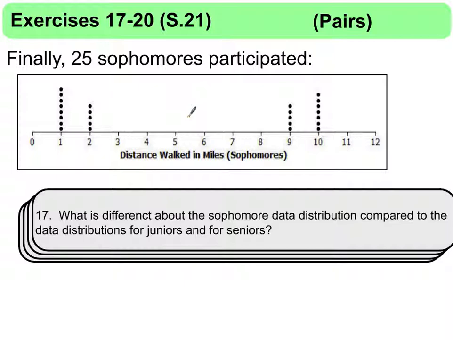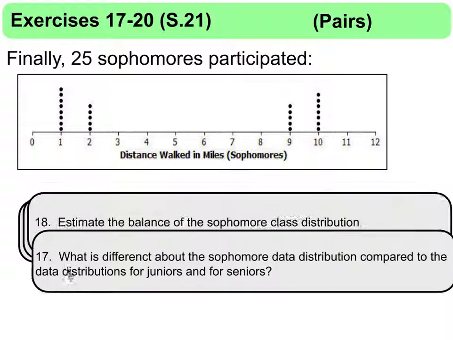Well, it's a U-shaped distribution. In other words, half of the sophomores were on the low end, walked 1 or 2, while the other half walked 9 or 10. There was none that really walked anything in the middle or just had an average. And so that's one thing that is interesting in this particular piece.